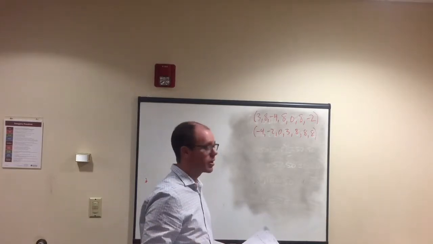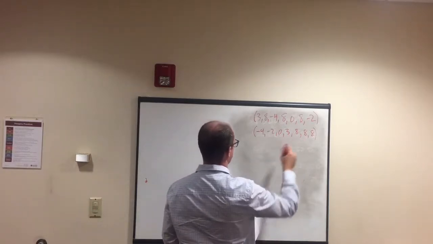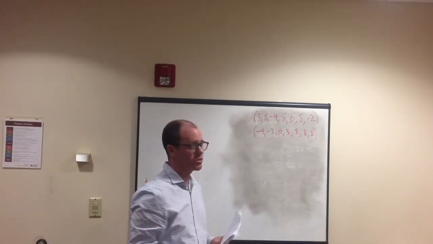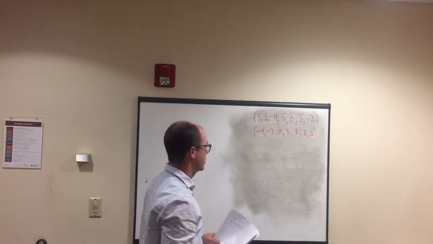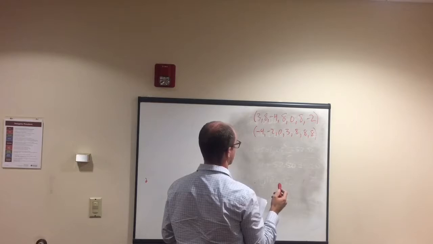just means average. And so what that means is add up all 7 of these numbers and then divide by 7. So -4 plus -2 gives us -6.